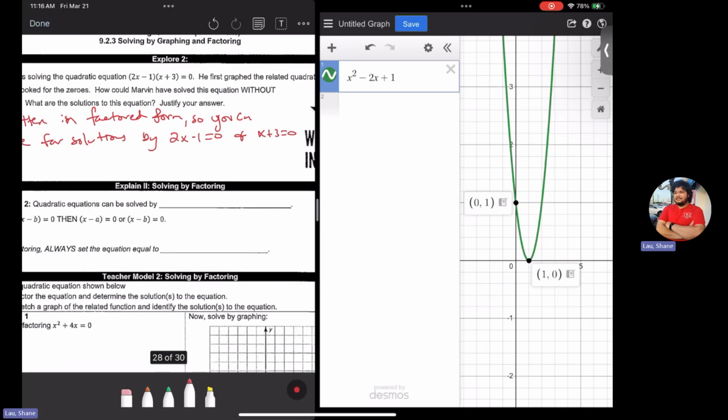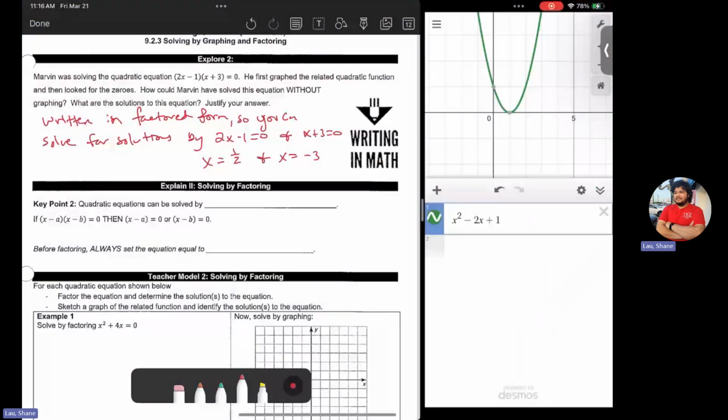And when you do that correctly, you can find the x-intercepts of x equals 1/2 and x equals -3. Let me rewrite that. -3. So make sure that you are doing that correctly.